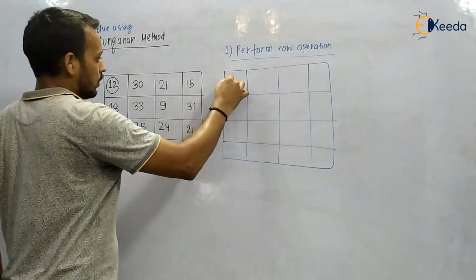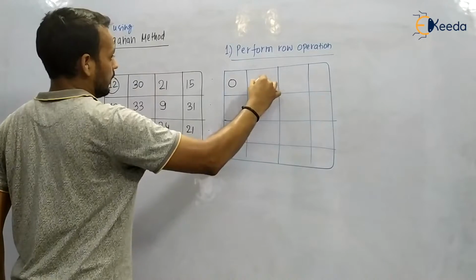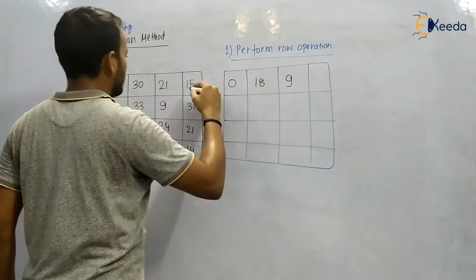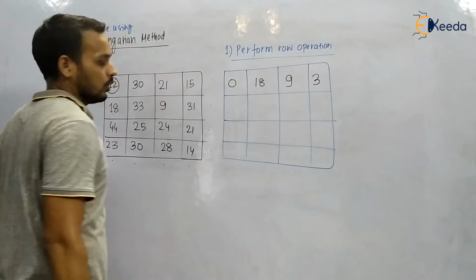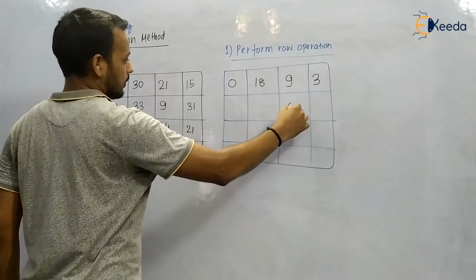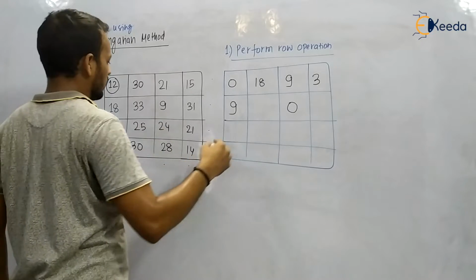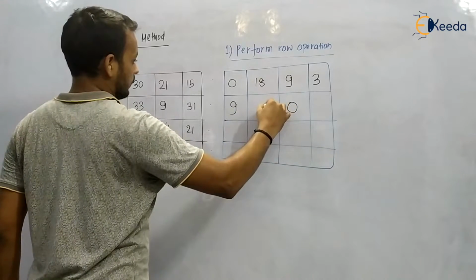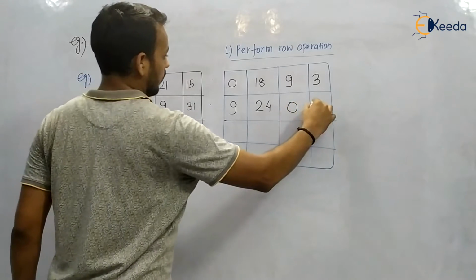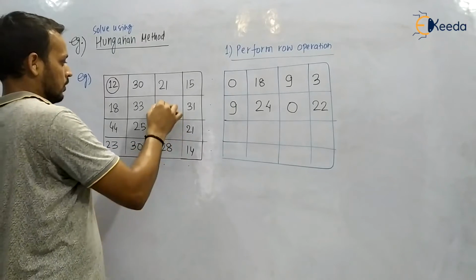So 12 minus 12, we get 0. 30 minus 12, you get 18. 21 minus 12, you get 9. 15 minus 12, you get 3. Just subtraction. Next row, the minimum is 9. So 9 minus 9, 0; 18 minus 9, 9; 33 minus 9, 24; 31 minus 9, 22.